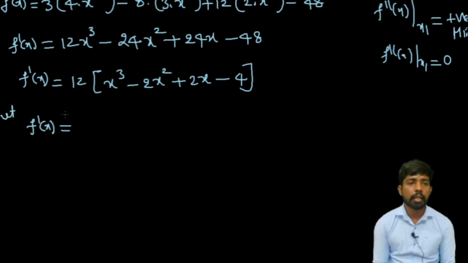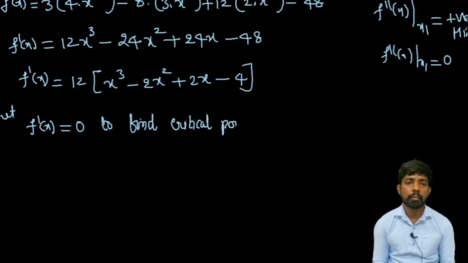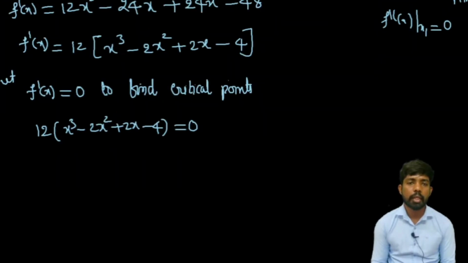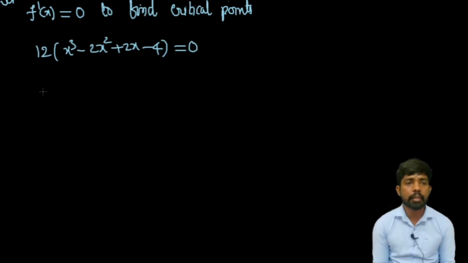Let f dash of x is equals to 0 to find critical points. Therefore 12 times of x cube minus 2x square plus 2x minus 4 is equals to 0. Now we'll send 12 to the right hand side, it will become 0. So x cube minus 2x square plus 2x minus 4 is equals to 0.